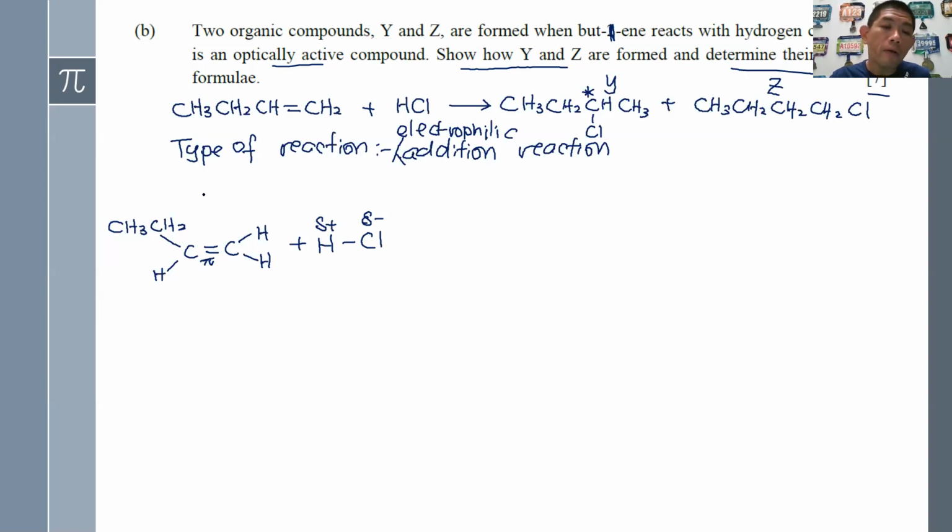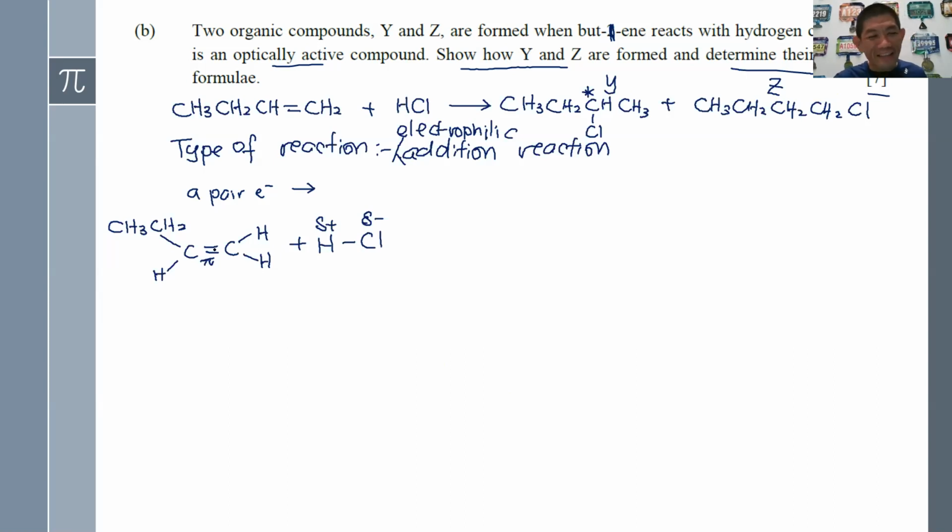Always remember, when you say pi electrons, it involves a pair of electrons, so you must use a full arrow to represent the mechanism. So always remember the trait of the 21st century: it is the negative that attacks the positive.